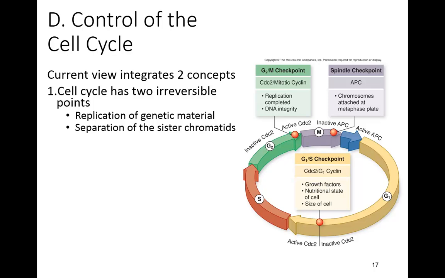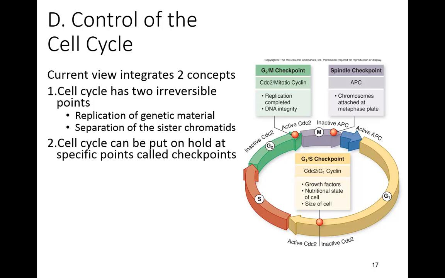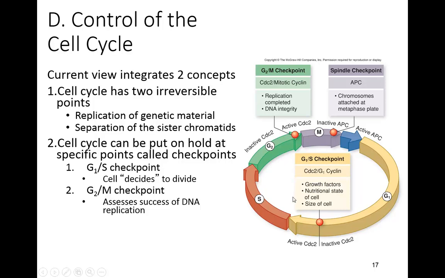And the second is the separation of sister chromatids. Once that happens, you're going to go through cell division. There are certain checkpoints at which the cell can be held. There's the G1/S checkpoint, the division between G1 and S, and that's where the cell decides to divide.